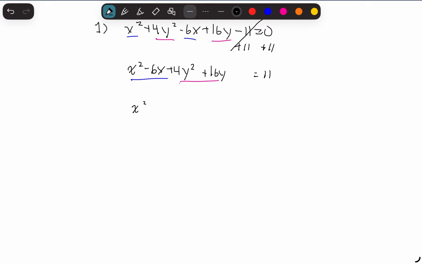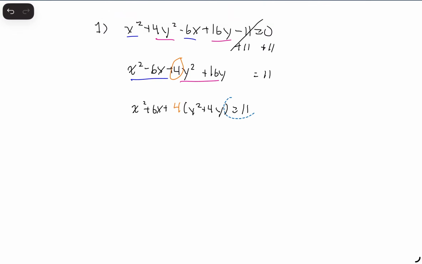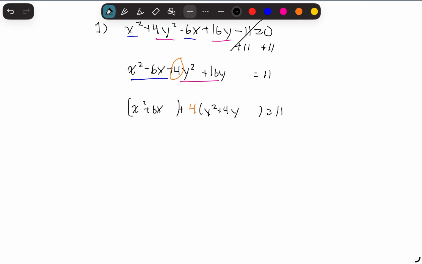And we're going to factor from the x group. We're going to leave a gap so we can complete the square for both our y and our x terms.